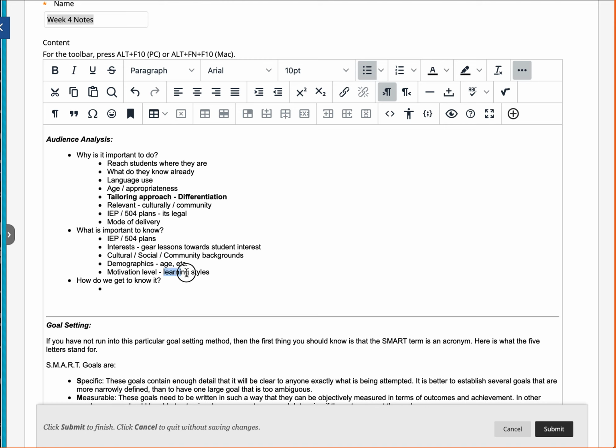And that also gets back to that learning style thing, that different students are going to be driven to do the work for different reasons and in different ways. So if you can get an idea about how the students like to learn and then tie that into the things that motivate them, if you can bring those two things together, then that's going to really help you tailor the instruction.